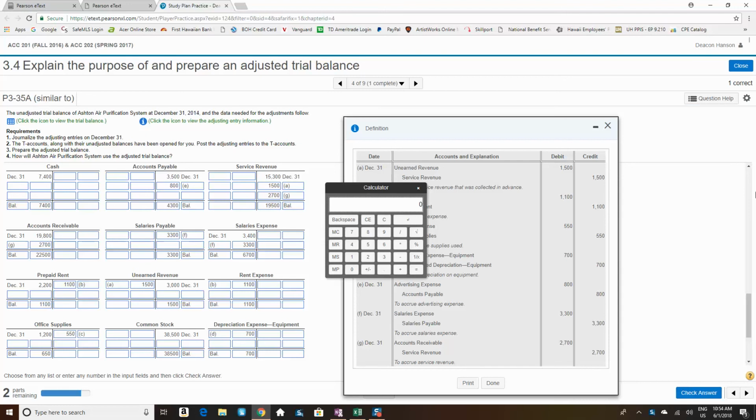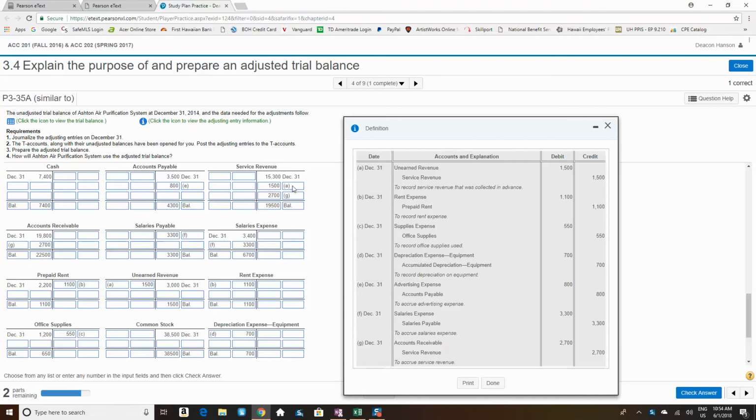And everybody needs to kind of go through this, making a mistake to learn it. You got to make the mistake and go back and figure out what you did wrong. Let's see. A is 1,500. G is 2,700. Okay. Looks like we did okay on that one.